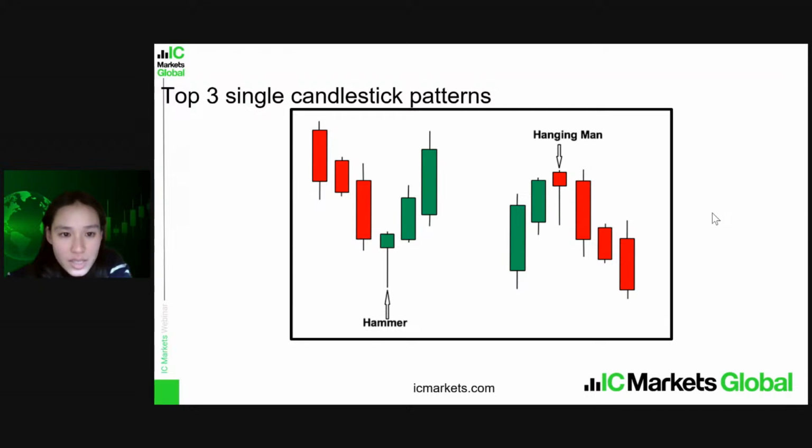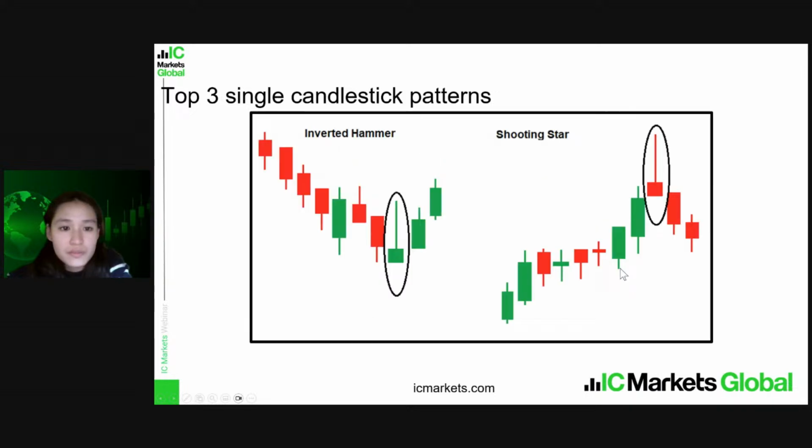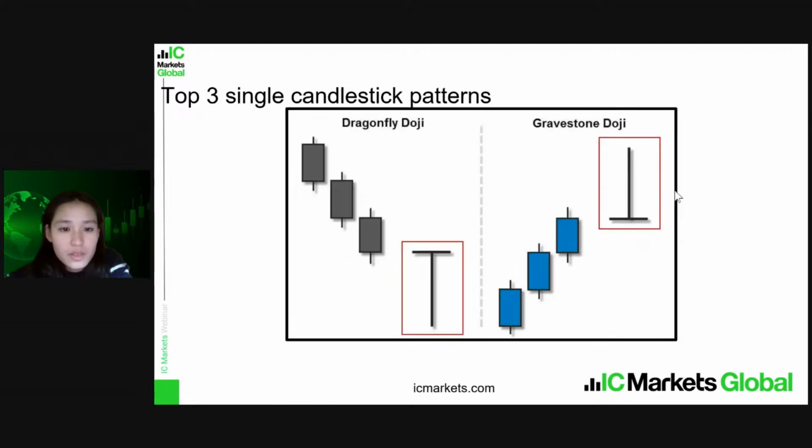And for these candlesticks, we're not looking at the shape of the surrounding candlesticks, we are only looking at this single candlestick here. Okay, so we also have the inverted hammer and the shooting star. We have the dragonfly doji and the gravestone doji.